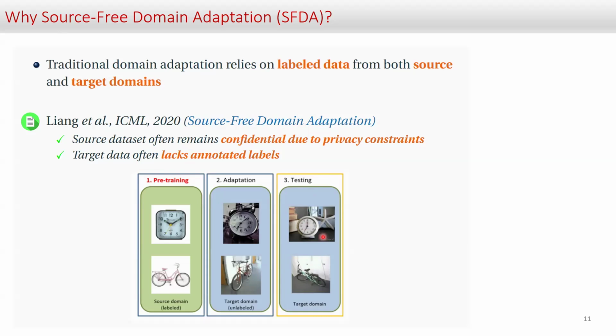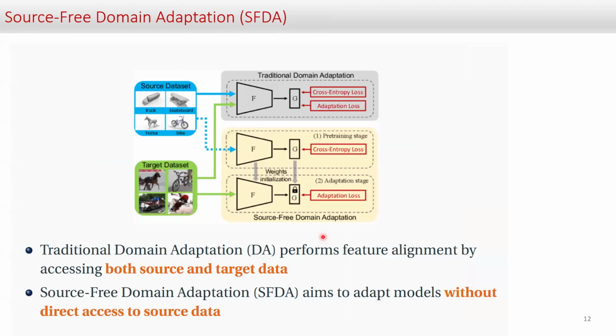But in source-free domain adaptation, one condition is imposed. The source trains the source model, and the target owner cannot access the source data. Taking that source model, the target owner can only train with the target dataset and improve the performance on this new domain of distribution.